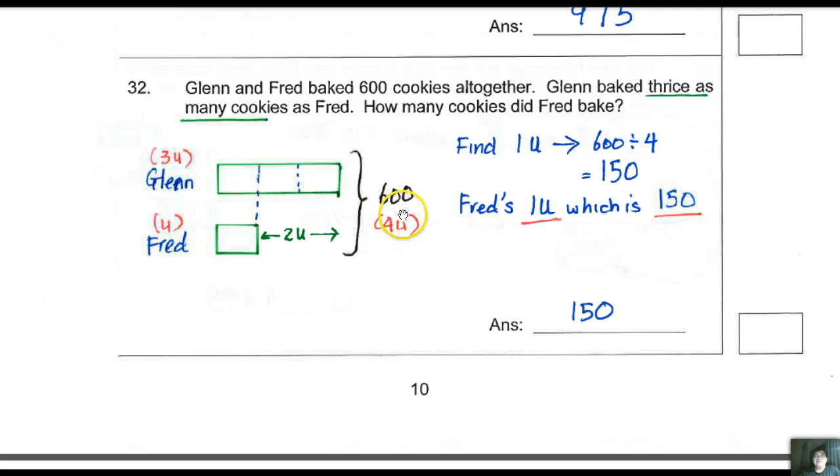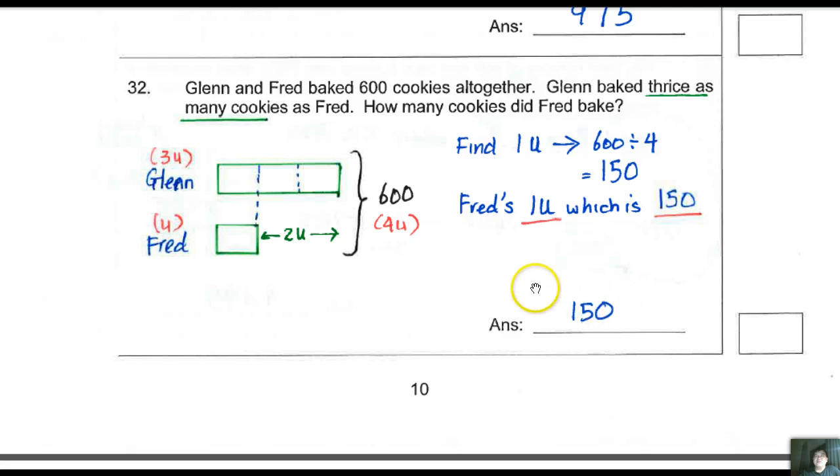To find 1 U, 600 divided by 4 is 150. It means 1 U is 150 and Fred is 1 U, so the answer is 150.